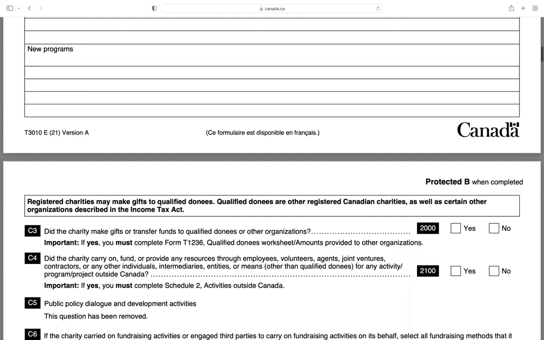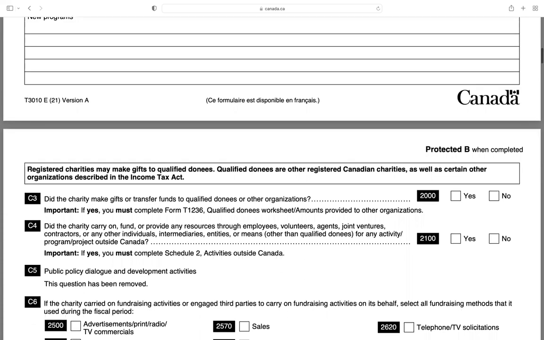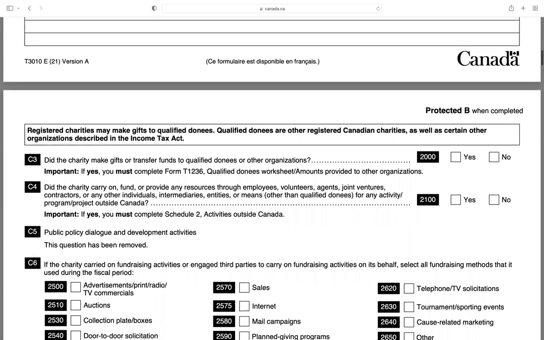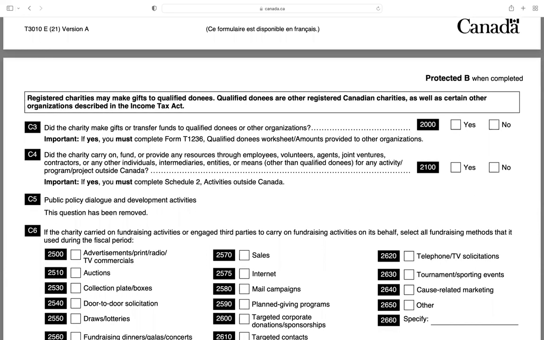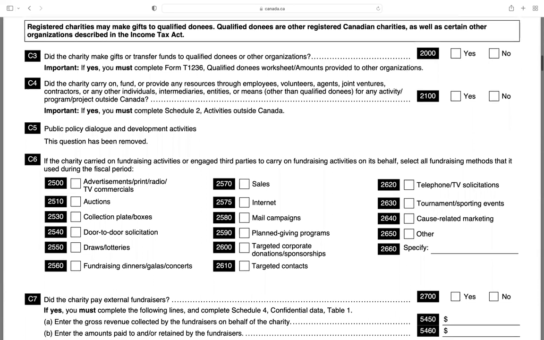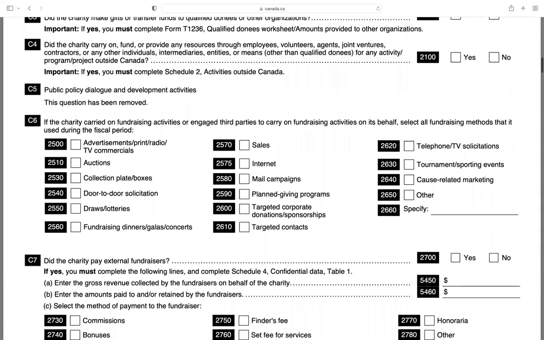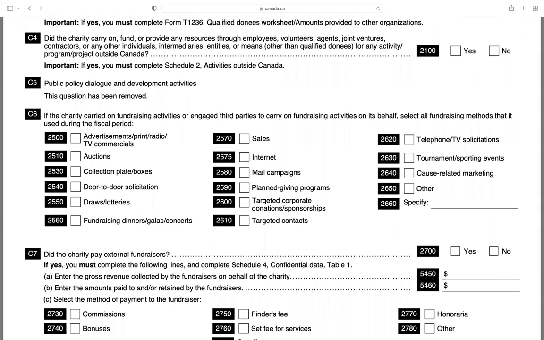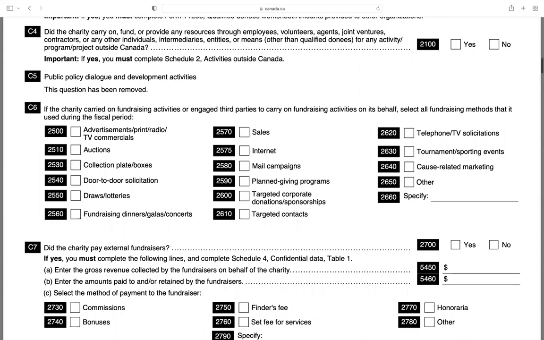Then section C3 is saying, did the charity make a gift or transfer funds to a qualified donee or organization? And did the charity carry on, fund, or provide any resources through employees, volunteers, agents, joint ventures, contractors, intermediaries, or entities?